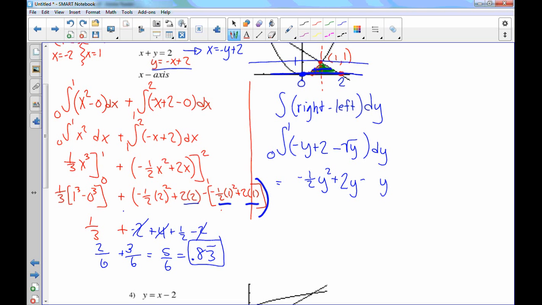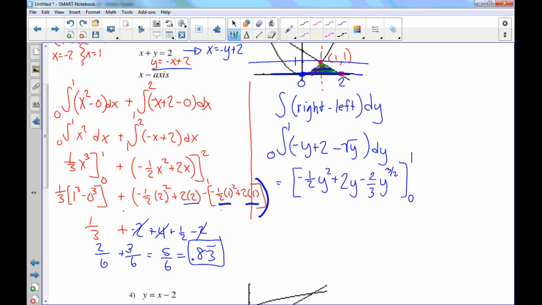It is 1/2, so we have to up it. And this is all from 0 to 1.